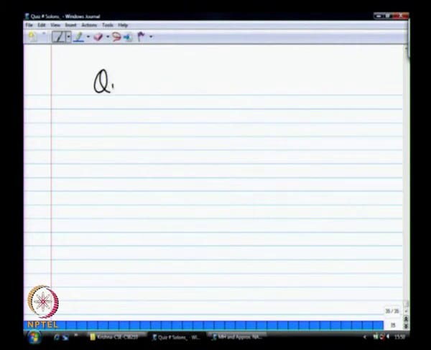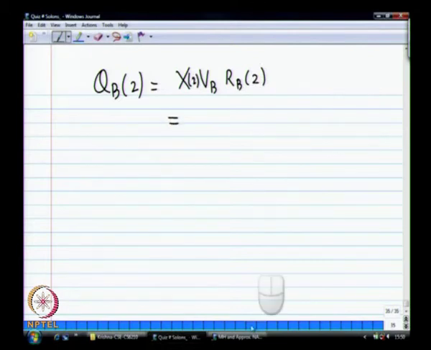Then we do all the updates. So QB of 2 is X of 2 into VB into RB of 2, and that is now updated to 0.64. So the queue length increases to 0.64.